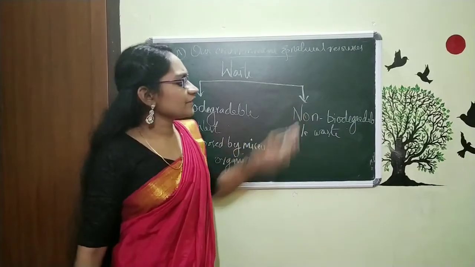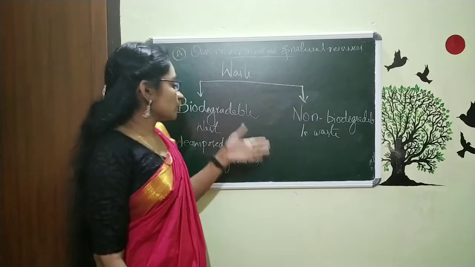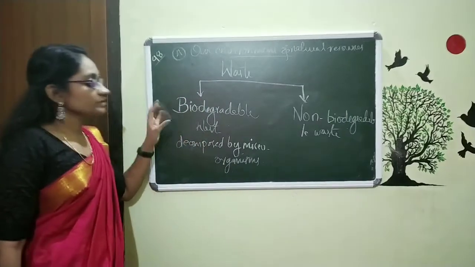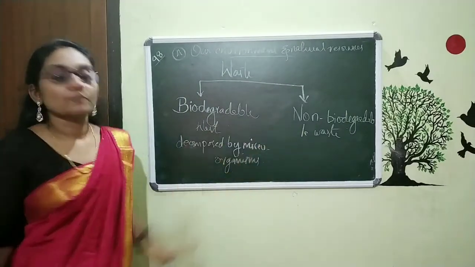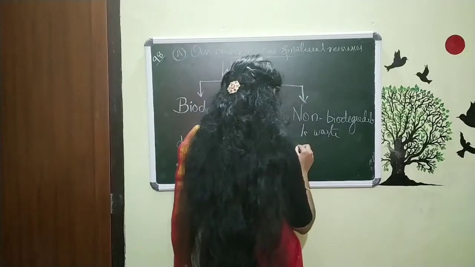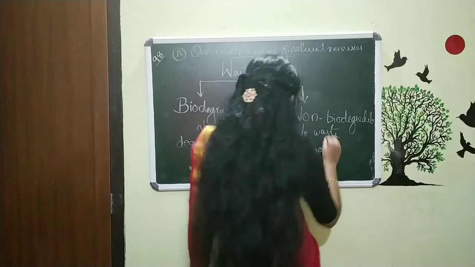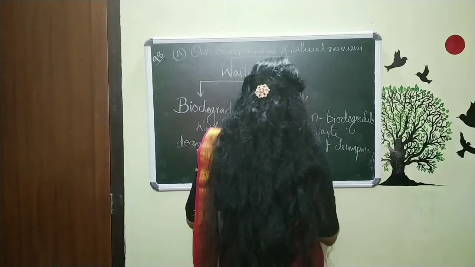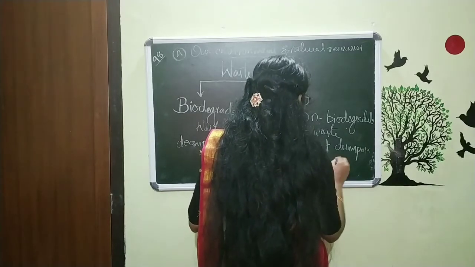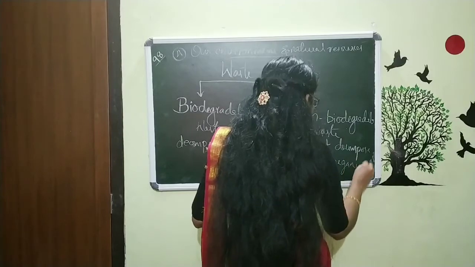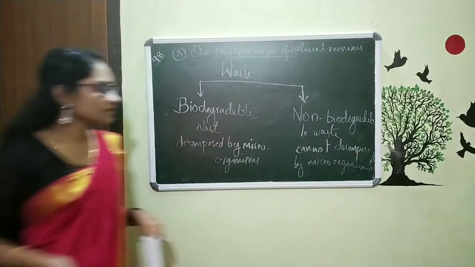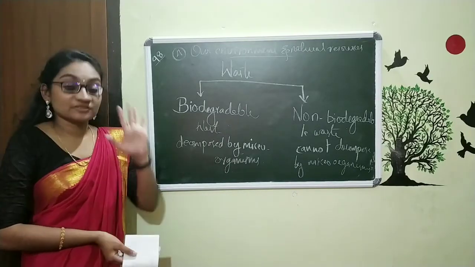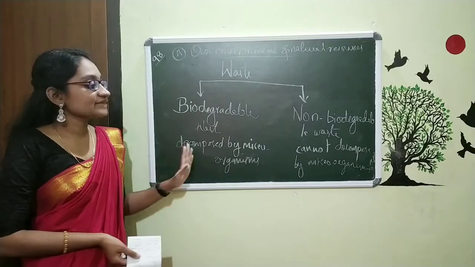And what about non-biodegradable waste? These are the waste which do not decompose by microorganisms. Here it is possible to decompose, here it is not possible to decompose by microorganisms. What are microorganisms? Microorganisms means fungi, bacteria, all these are microorganisms.